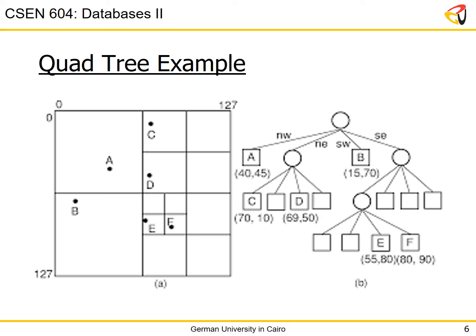So here's an example of a quad tree construction. I want you first to look at the left, and let's imagine that this is a map without any vertical or horizontal lines.